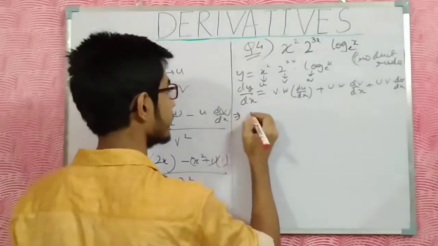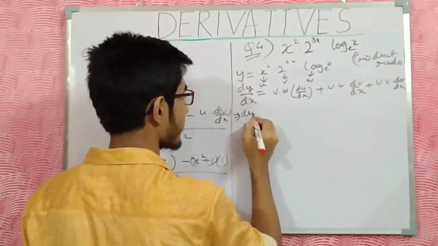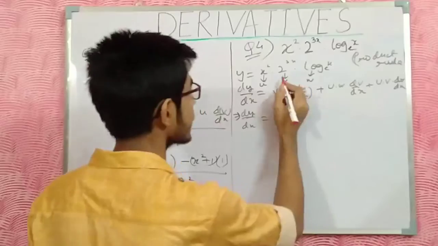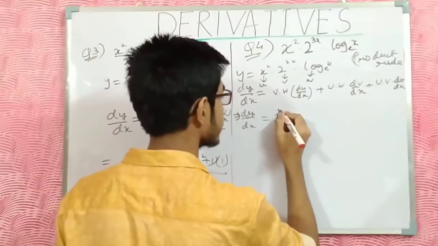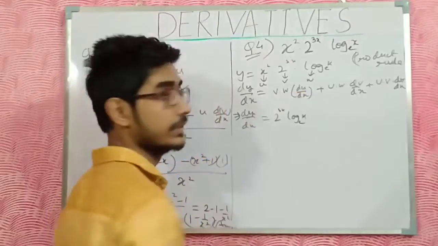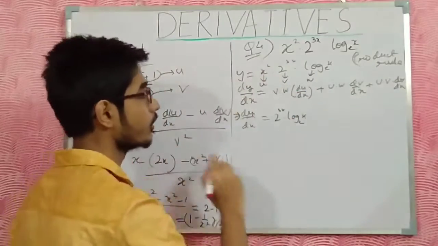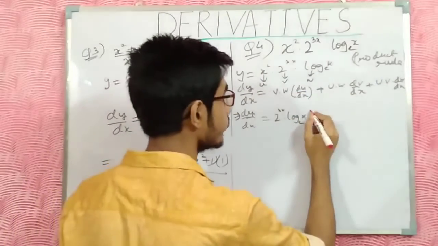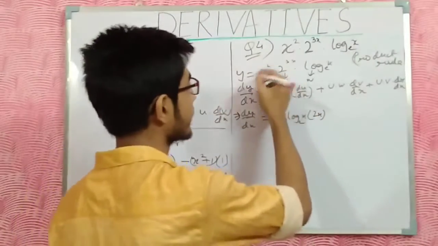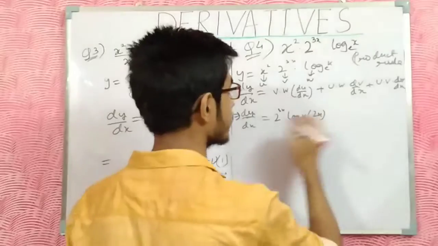So now let me put the values of u, v and w, that is v into w. So v is 2 to the power 3x, into log x. Then du by dx, the differentiation of x square will be 2x, as this is x square, so 2 will come down, and 2 minus 1 is 1, so it will be 2x.